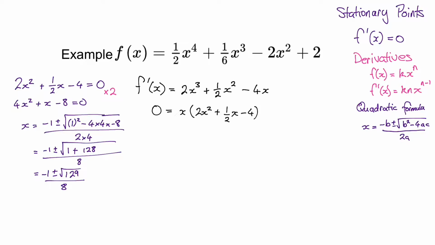So when we go ahead and calculate our stationary points, we're going to have 3 stationary points: when x is equal to 0, when x is equal to minus 1 plus the square root of 129, all divided by 8, and the point when x is equal to minus 1 minus the square root of 129 divided by 8.